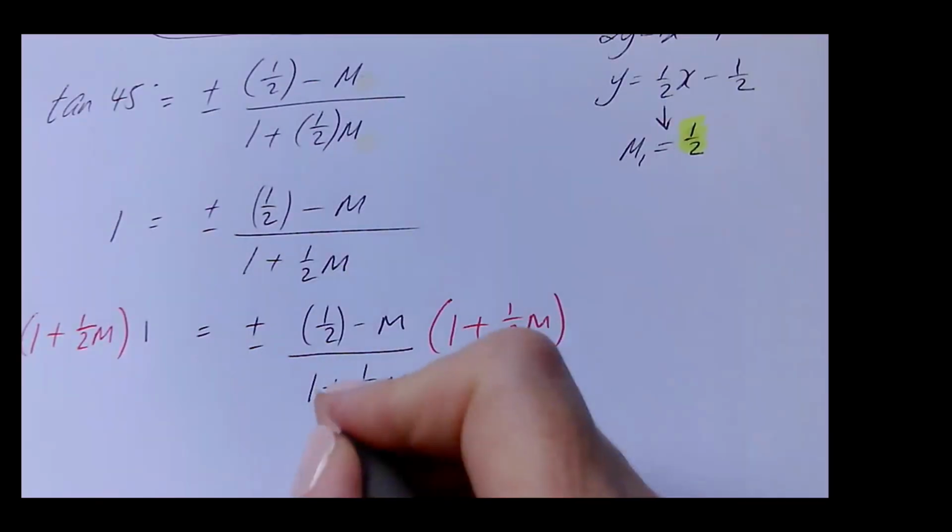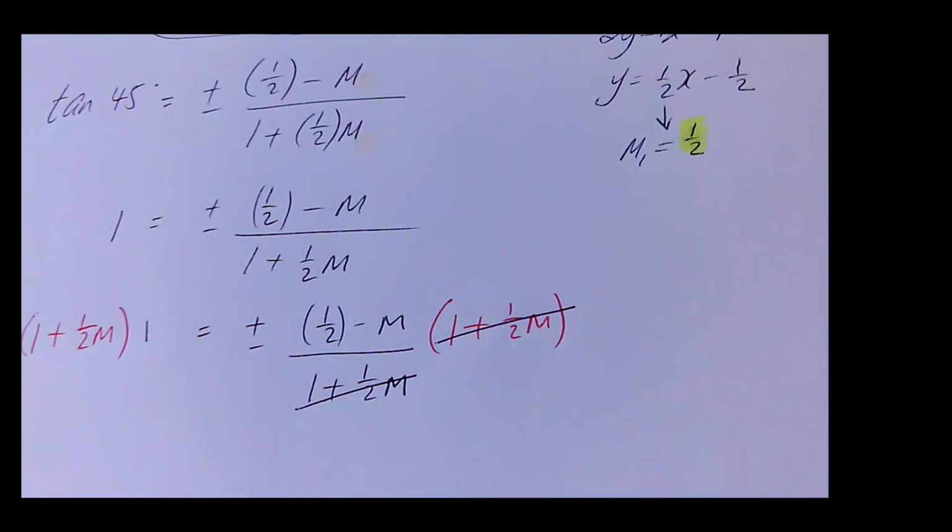So I get this, and then all of that will cancel with all of that. And on this side, I'm left with 1 plus a half m times 1, which is, of course, 1 plus a half m. And then I'm left with plus or minus, and of course, I have a half minus m. I'm just going to put that in brackets here on the right-hand side.